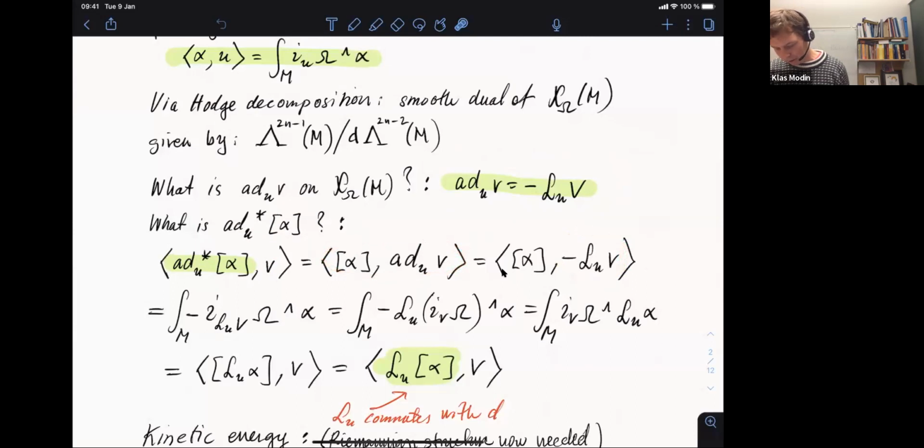Because this pairing is very natural and nice, I can just move the Lie derivative over, and because U preserves the symplectic structure, I don't have to care about what it's doing on the omega. So I can rewrite this whole thing like this. And once I have it like this, the exterior product is of course natural, so I can just move it over with a minus sign to the alpha.